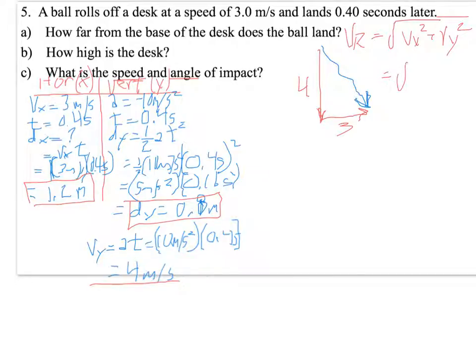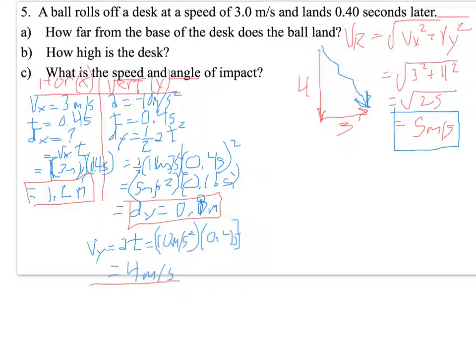That's equal to the square root of 3 squared plus 4 squared, which is equal to the square root of 25, which is equal to 5. Now this has the same units as the original vectors. Those original vectors, the units were meters per second, and so we have ended up answering half of part C, 5 meters per second.